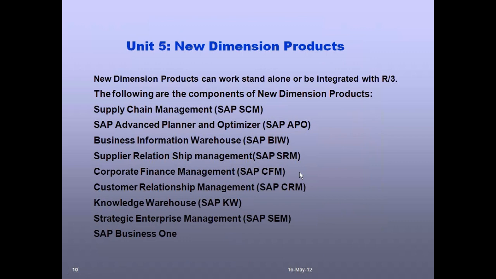To start with, supply chain management, SAP's APO, Advanced Planner and Optimizer, which is part of SCM, and also Business Information Warehouse, or simply BW, Supplier Relationship Management, Corporate Finance Management, Customer Relationship Management, Knowledge Warehouse, Strategic Enterprise Management, Business One, FSCM, Financial Supply Chain Management, Treasury Management, Transportation Management. All these are new dimensional products.